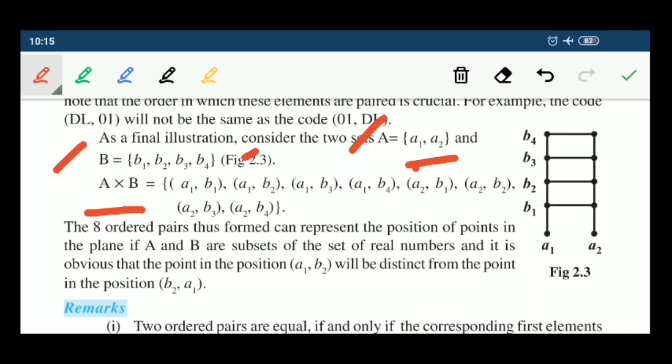You will take the first element of A, A1, and place it with all the elements of set B, and you will get A1 B1, A1 B2, A1 B3, A1 B4. Then you will take its second element and place it with all the elements of set B: A2 B1, A2 B2, A2 B3, A2 B4. This is known as the Cartesian product of A and B.